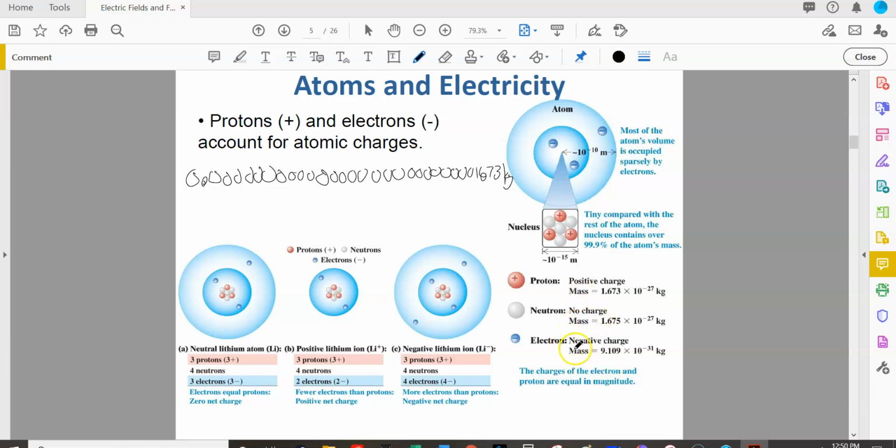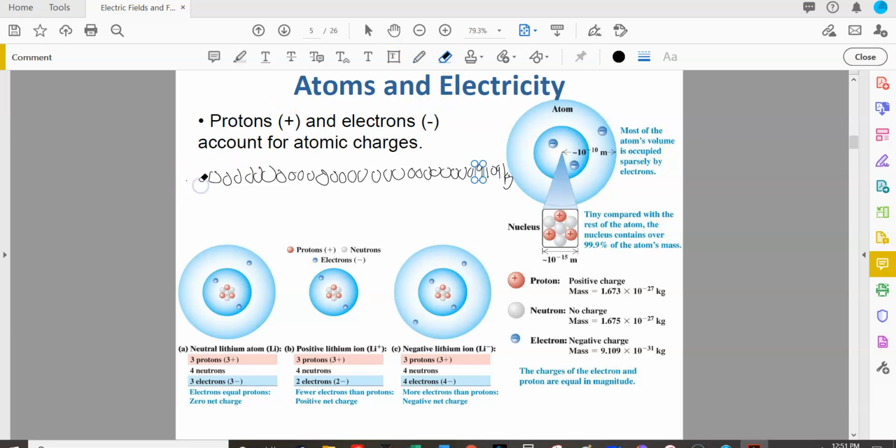But electrons are much smaller than that. In fact, they're 10 to the negative 31st. And if you think about that, I would have to add more zeros here. So this is a proton's mass. An electron's mass would be 10 to the negative 31st, and that's 9,109 kilograms.